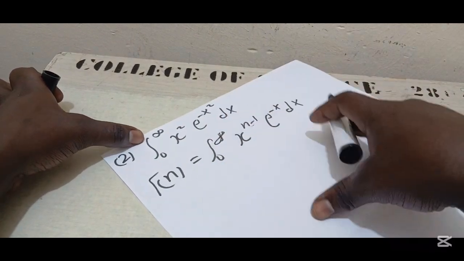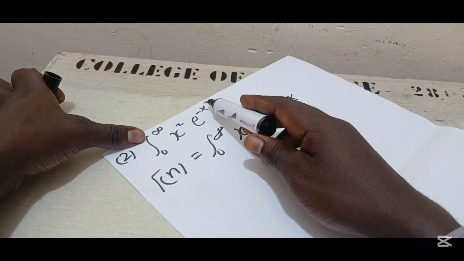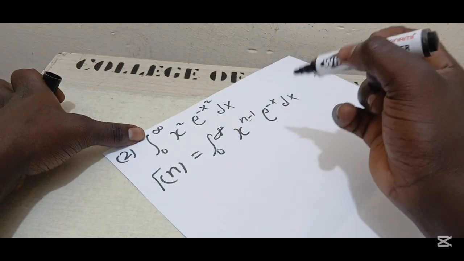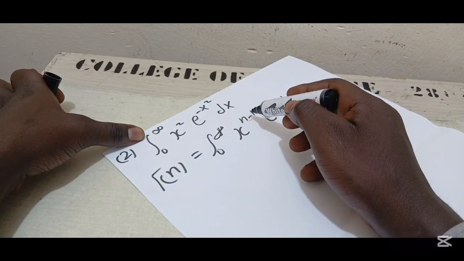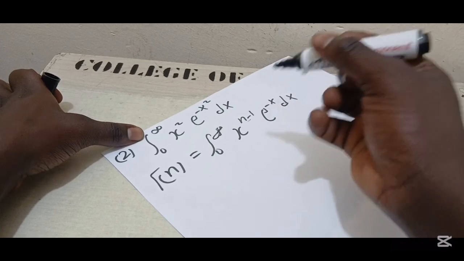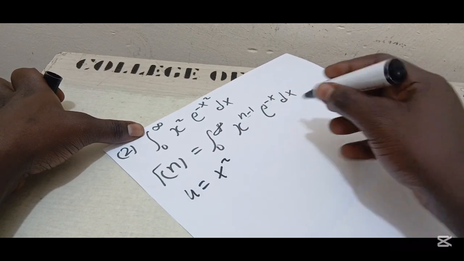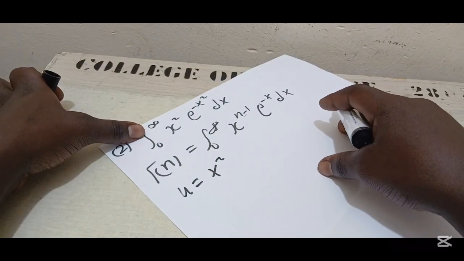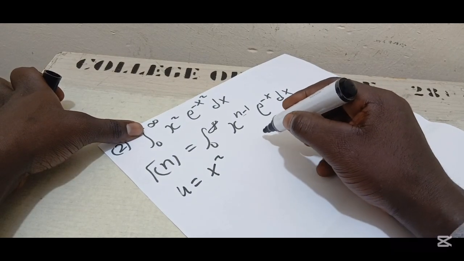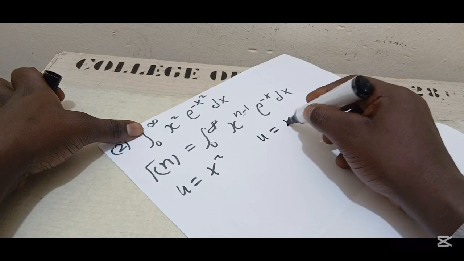to simplify the expression. So we can let u equal x squared, not minus x squared, because we'll be needing the minus sign there. So if u equals x squared, we will also solve for the value of x. So u equals x squared.